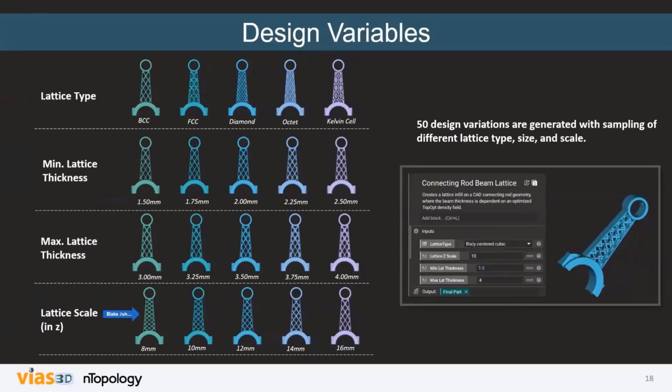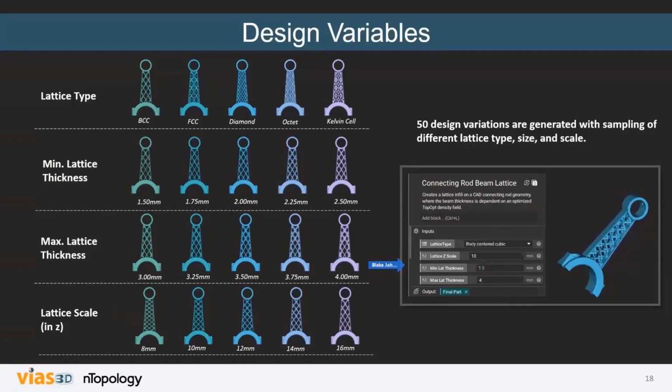But we are looking at the lattice scale in Z, and that's not by necessity, right? We could look at more properties. We could look at a uniform lattice scale size, but that's just something we did. And you can see just a little snapshot of nTop here, how quickly we can update these parameters with the graphical user interface, and see the resulting body change.